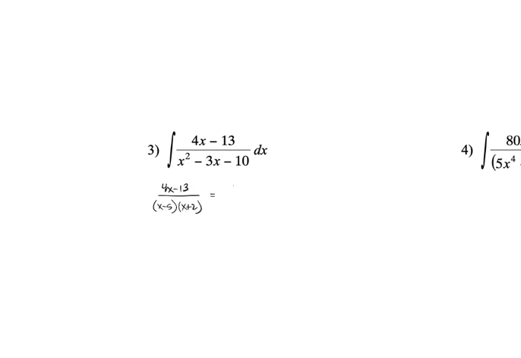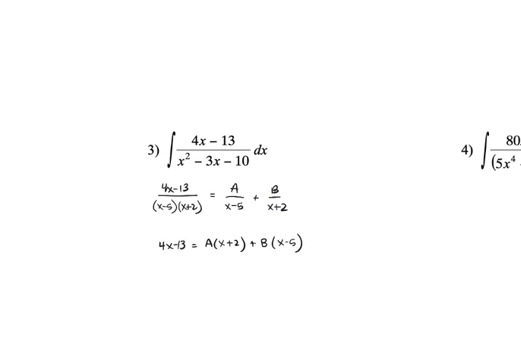So then the partial fraction would look like this, an a and a b partial fraction. And then if we multiplied both sides by the lowest common denominator, what we would end up with is 4x minus 13 equals a times x plus 2 plus b times x minus 5.